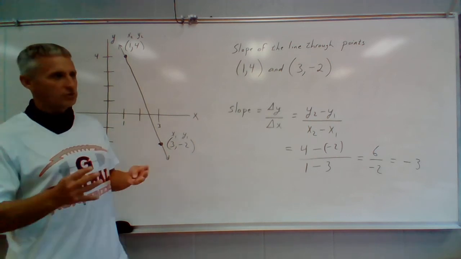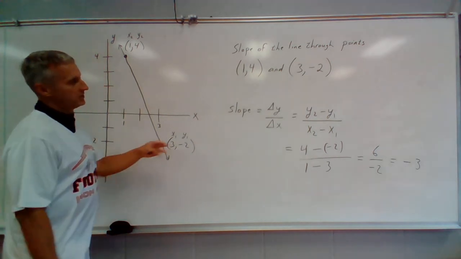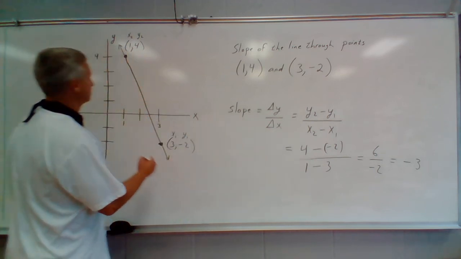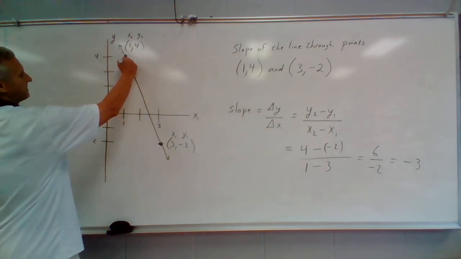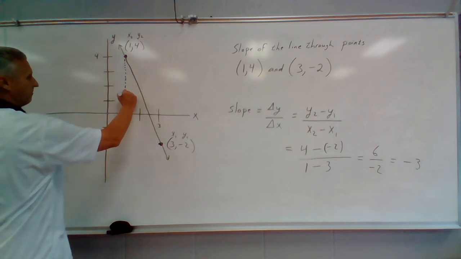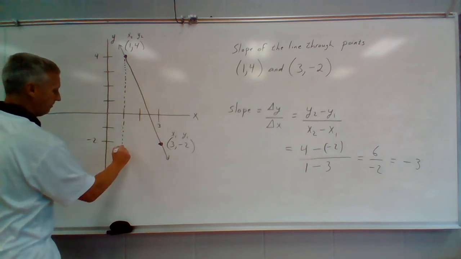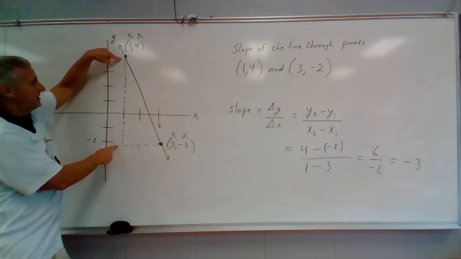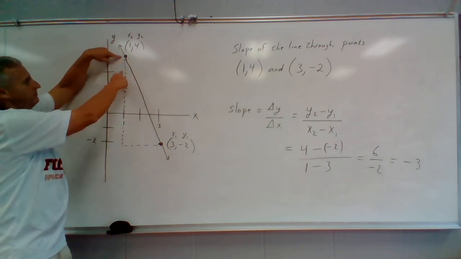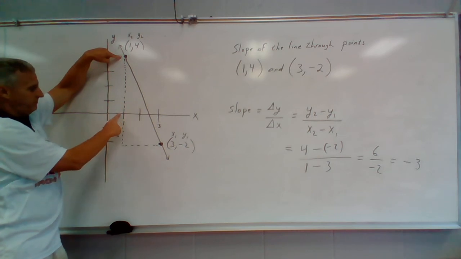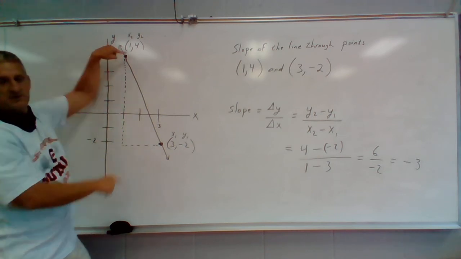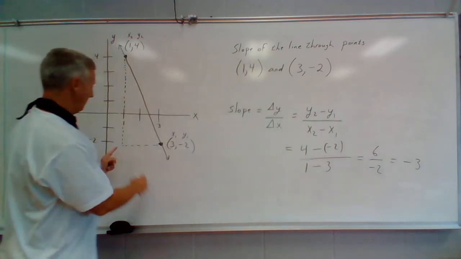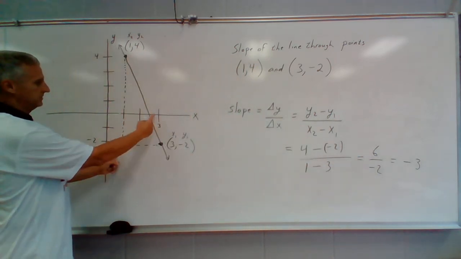Okay, graphically, let's think about the slope. So the slope is how much my y changes divided by how much my x changes. So if I think about the y and how much it changes, I can just look at this graph and count. It goes down 1, 2, 3, 4, 5, 6. So we go down 6 and we go right 1, 2.